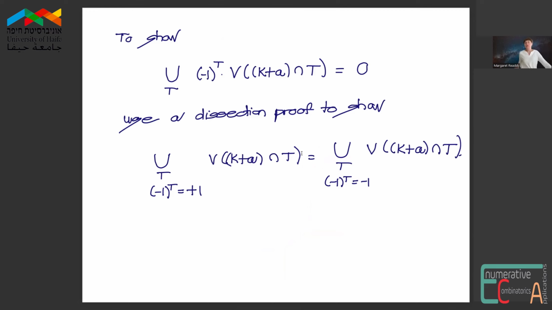So what are we trying to do? We're trying to show that the union of these signed volumes is equal to 0. The whole point of a dissection proof is we want to show the volume of the pieces that have sign +1 is equal to the volume of the pieces that have sign -1.